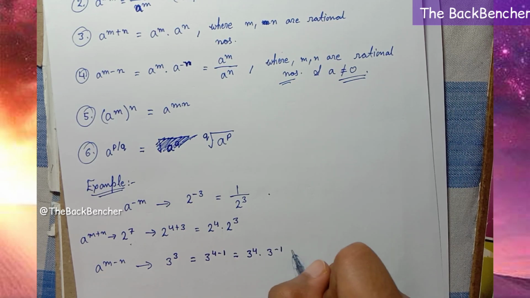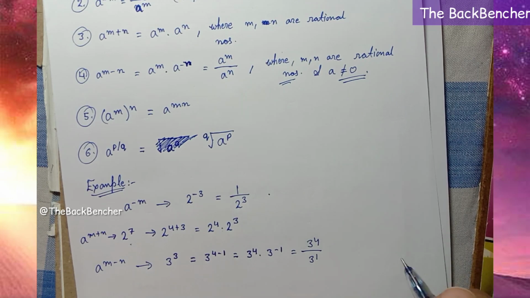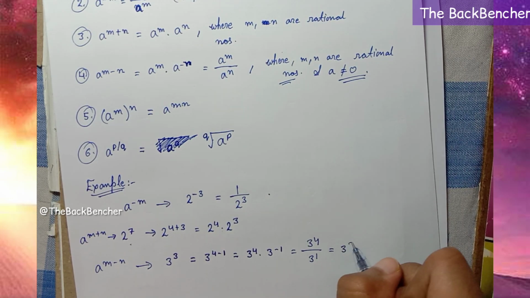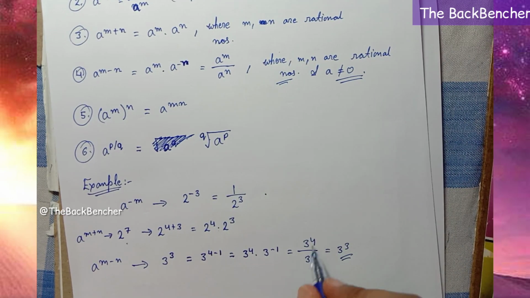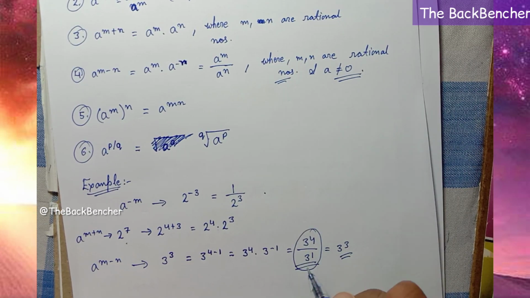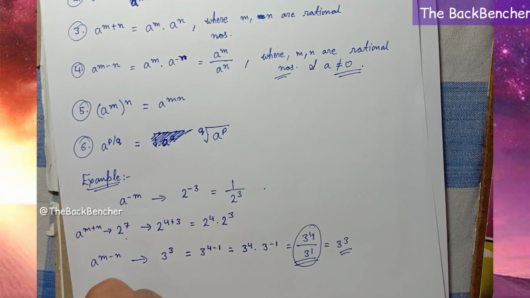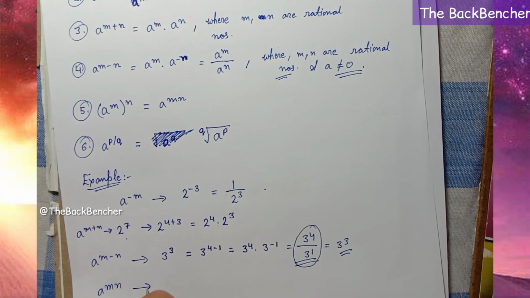First, if you want to break it, you can use the plus rule, and after that the division rule, 3 to the power 4 upon 3 to the power 1, that is 3 to the power 3. This is just for your comprehension. You have to solve it on your own. So start practicing it in your notebook while I am doing this on my copy.